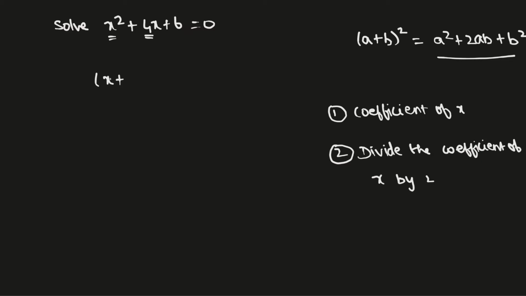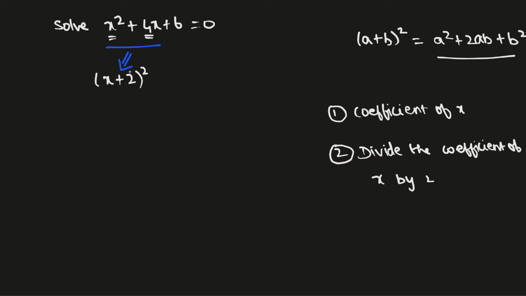If you divide 4 by 2, you get 2, the whole square. So now we have transformed x square plus 4x into (x plus 2) whole square.